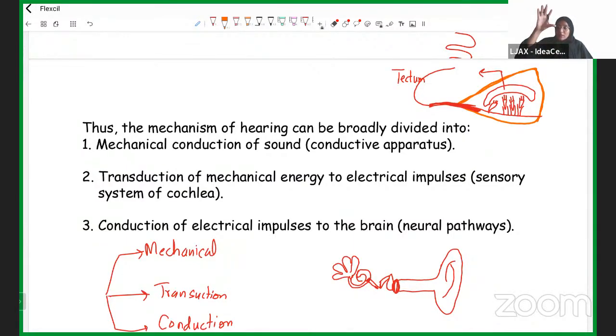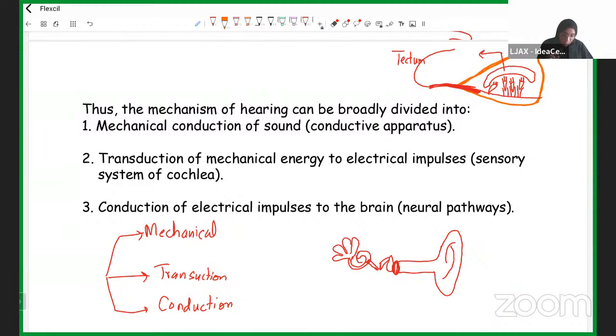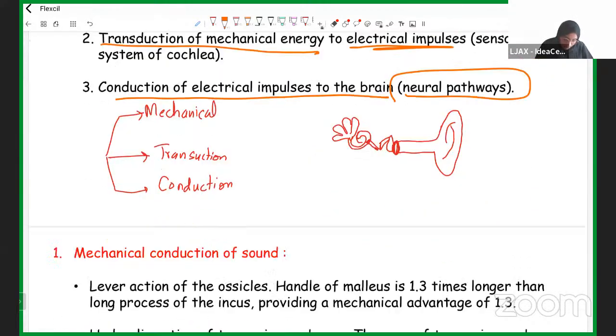And from there, it will transmit along the auditory pathway where you have a first order neuron, second order neuron, and third order neuron. So remember the brief points which you should mention in the exam: mechanical conduction of sound, transduction of mechanical energy into electrical impulses, and conduction of electrical impulses into the brain. This is known as the neural pathway.